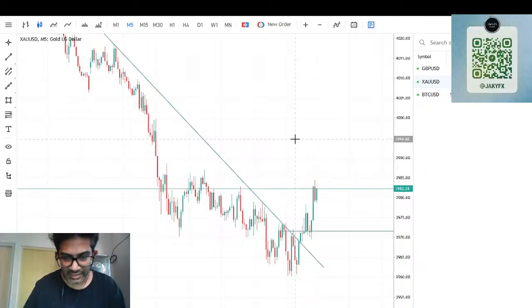It's back at 3982. It could go to 3984, 87 also. So let's keep watching and understand how the candles are behaving over here.